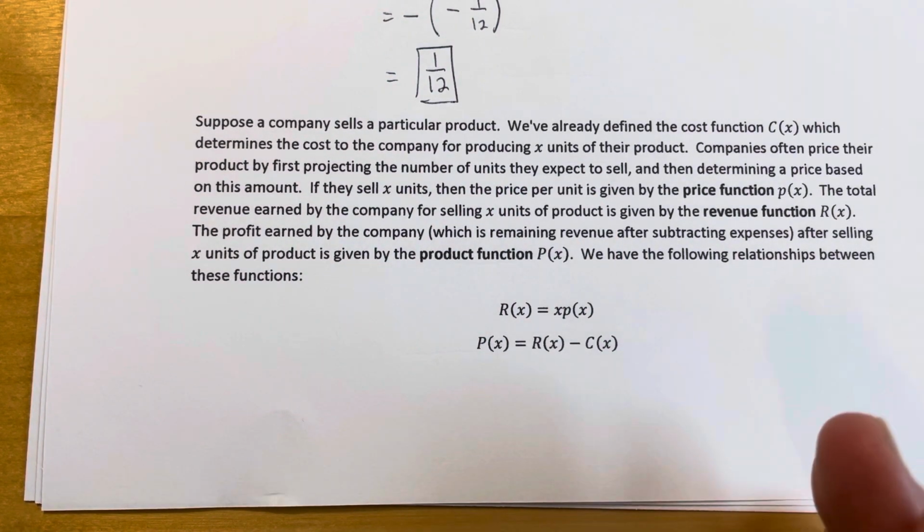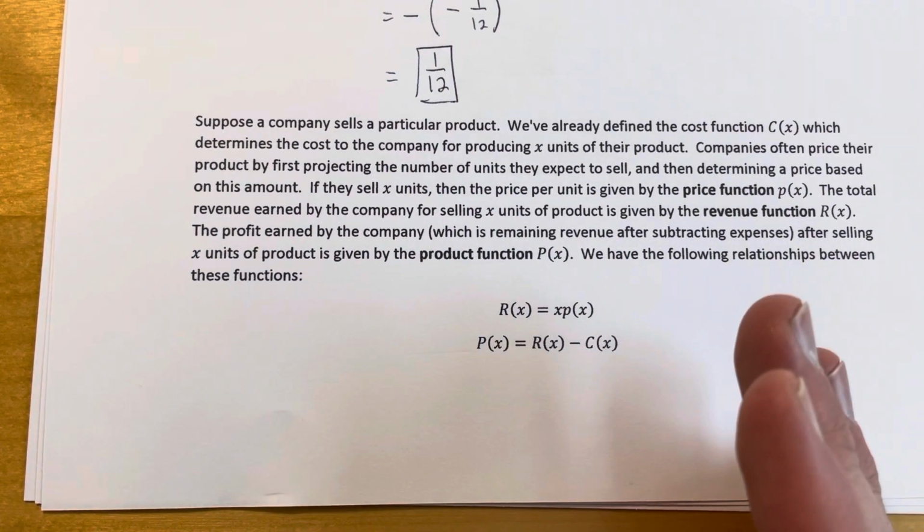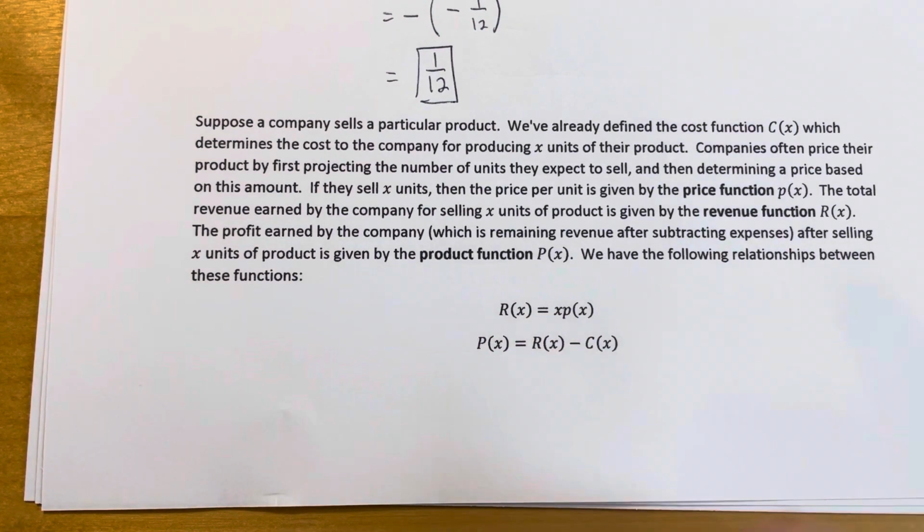But there's other values associated with this that we would care to know. One of which is the price. So companies produce products for the purpose of selling them to make a profit. And so they have to price their products in a way that's competitive and is going to earn them profit.